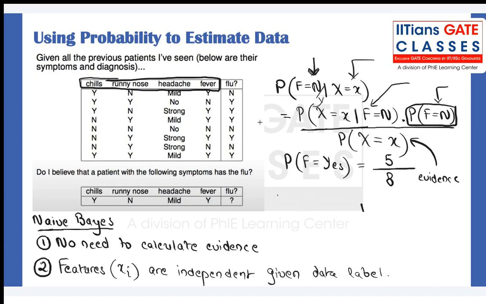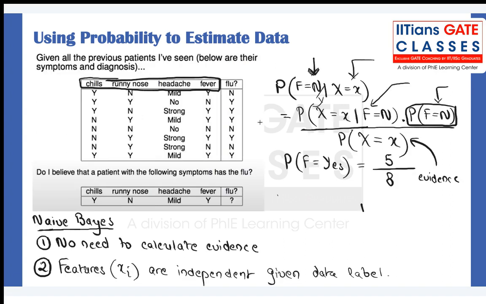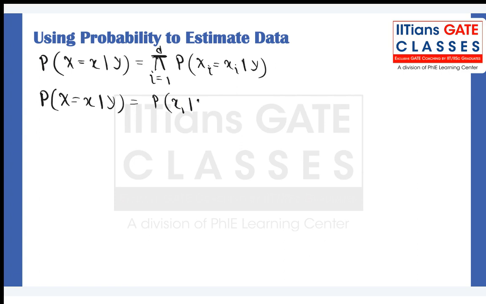So for the given example, the likelihood, which is P of x given y, is nothing but P of x1 given y, where the target flu is yes or no. So given yes, multiplied by probability that x2 given yes, multiplied by probability that x3 given yes, multiplied by probability that x4 given yes.